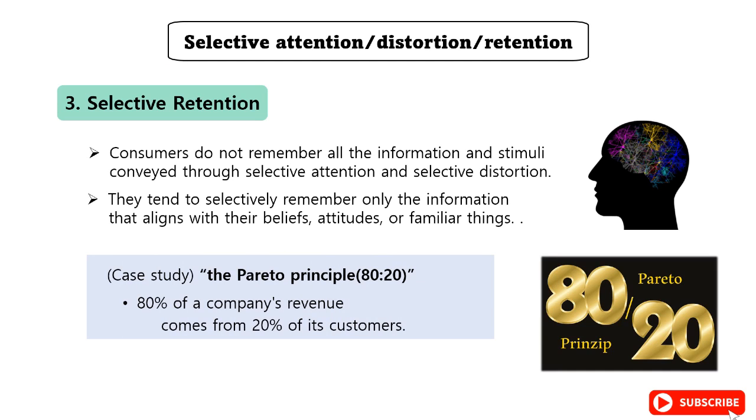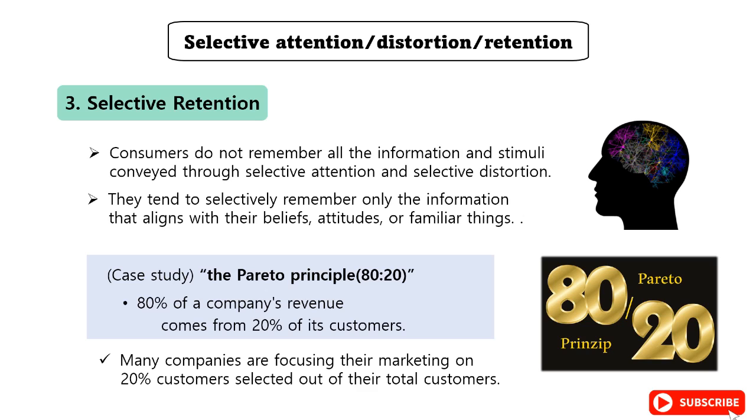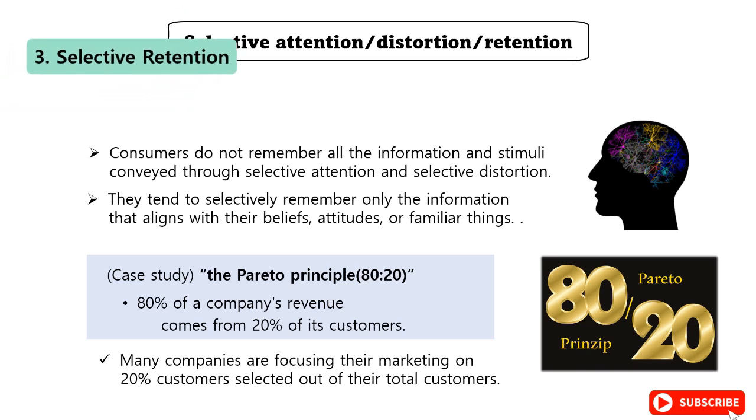A prime example is the Pareto principle, also known as the 80 versus 20 rule. It states that 80% of a company's revenue comes from 20% of its customers. Therefore, many companies focus their marketing on the 20% of customers selected out of their total customers. This is selective retention.